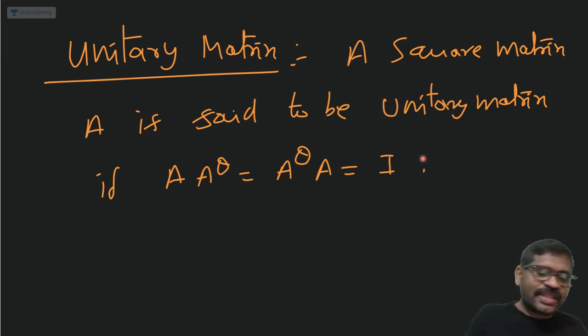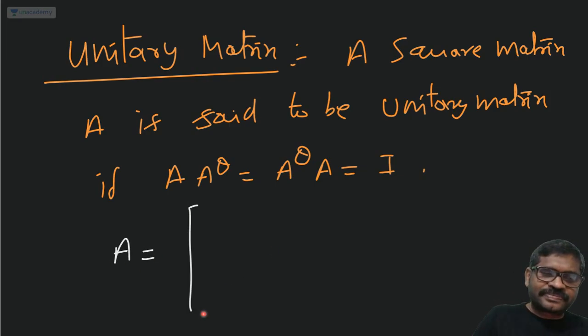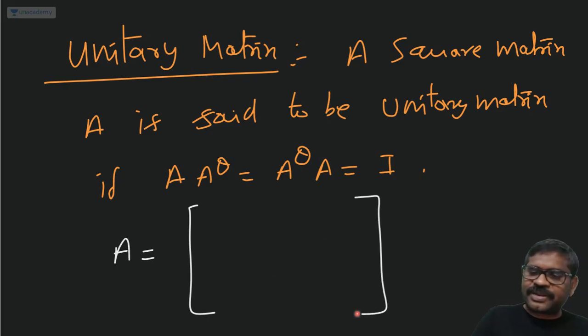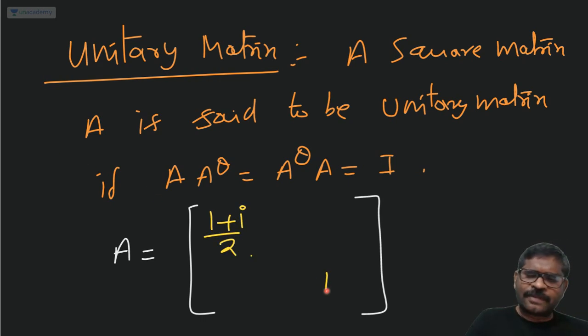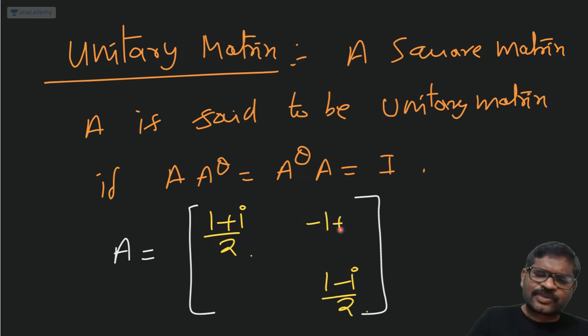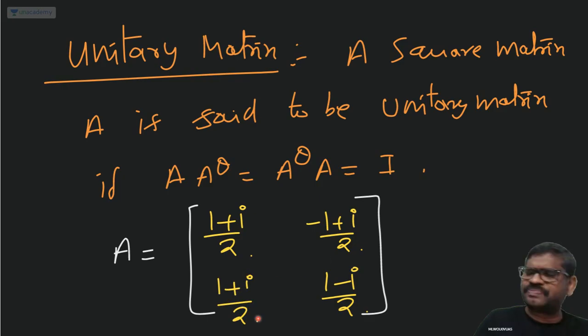Now observe, for example: (1 plus i)/2, (1 minus i)/2, (minus 1 plus i)/2, (1 plus i)/2. This is a unitary matrix.